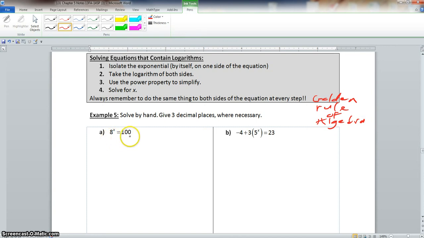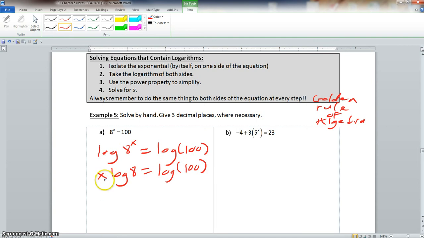So we have a to the x is equal to 100. So what we're going to do first, we're going to change this to a log. So we have log of 8 to the x is equal to log of 100. Now we did it to both sides, so we're still keeping with the golden rule of algebra. Now we could bring this x out front, which we learned earlier. So it'd be x times log of 8 is equal to log of 100.